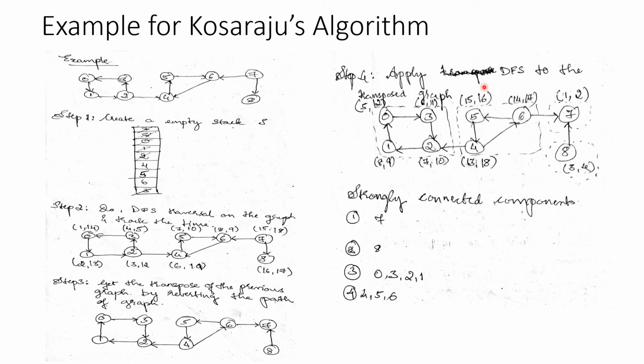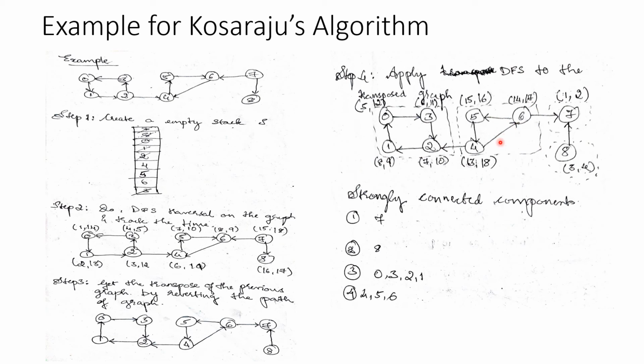So you stop visiting 5 at this point, move back, and this is 6. From 6 also you stop visiting because you have already visited 7 and 5. So you conclude this and pop out.